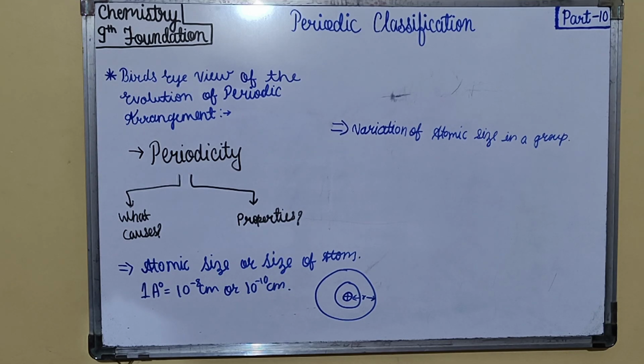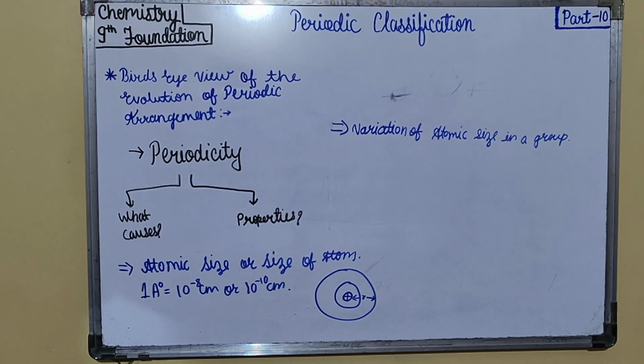Hydrogen, lithium, sodium, potassium, Rb, Cs, Fr. Rb is rubidium, Cs is cesium, and Fr is francium. Their outer shells are 1, 2, 3, 4, 5, 6, 7 respectively, but each has one electron in the last shell.